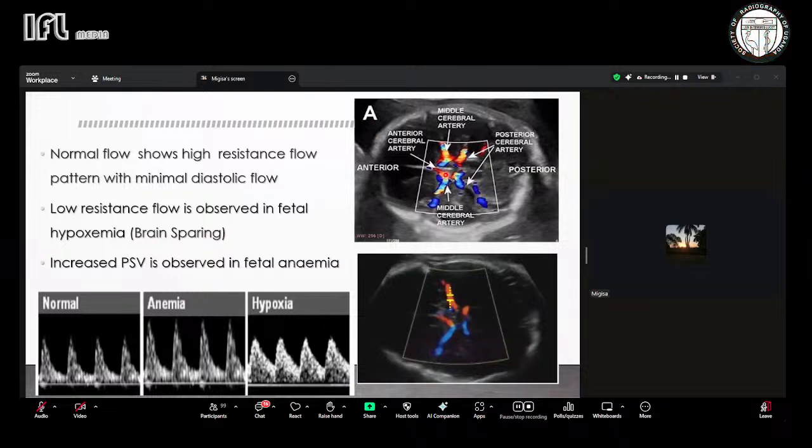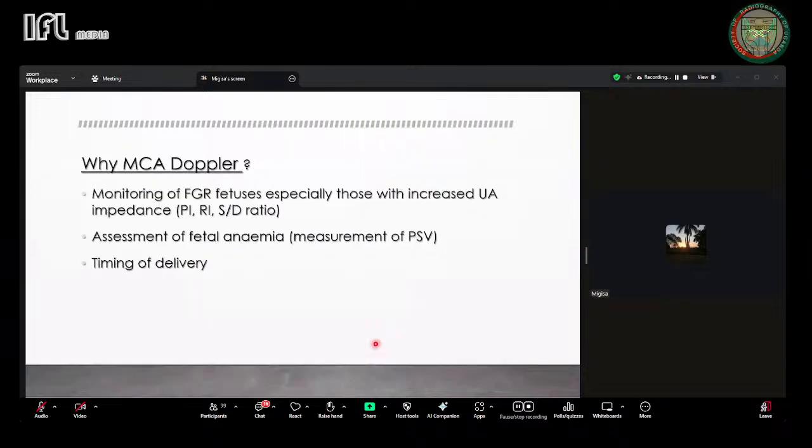These images are still showing us the middle cerebral artery and then the other parts of the circle of Willis. So why do we do the MCA Doppler? Usually to monitor fetal growth restricted fetuses, especially when you do the umbilical Doppler and it shows you increased impedances. So you want to know what's happening in the brain. Is this still getting good oxygen, or is there already a mechanism in place?